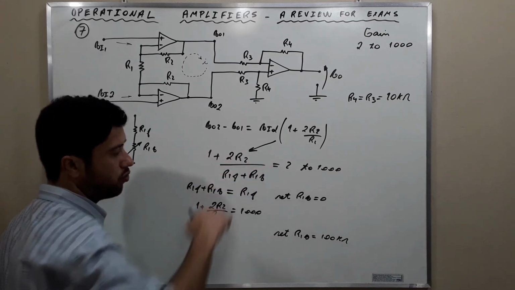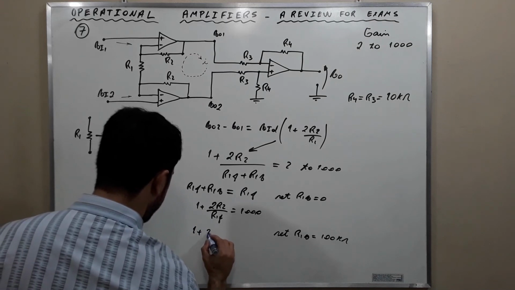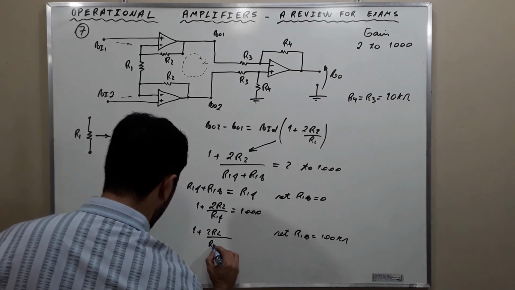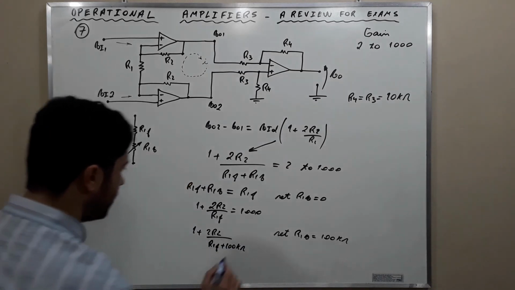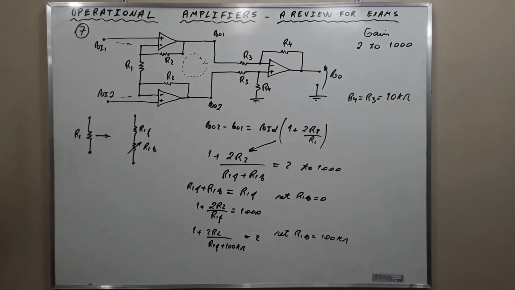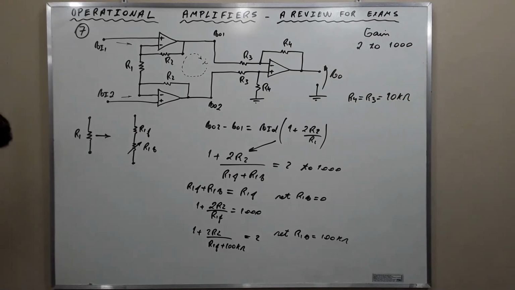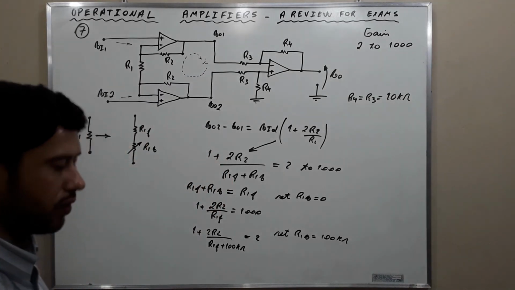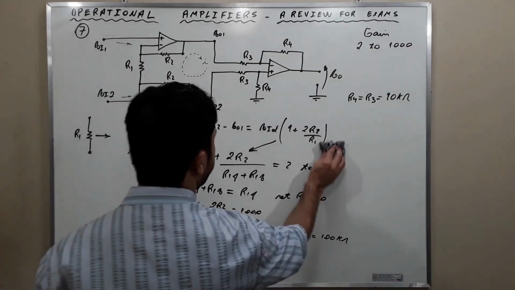Then the gain is going to be the minimum. 1 plus 2R2 divided by R1F plus 100 kilo ohms is equal to 2. Okay, now we have a system of equations. We have to find a solution for this system of equations. This is the last step in solving this exercise.